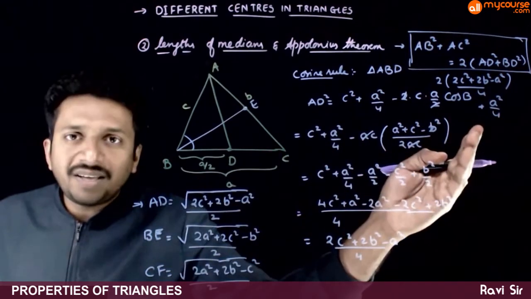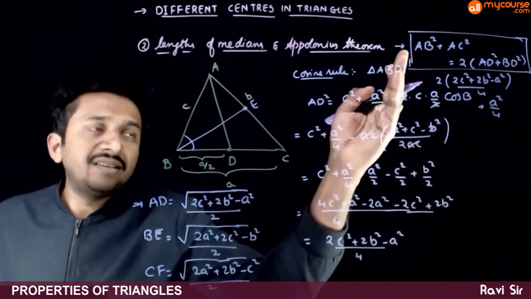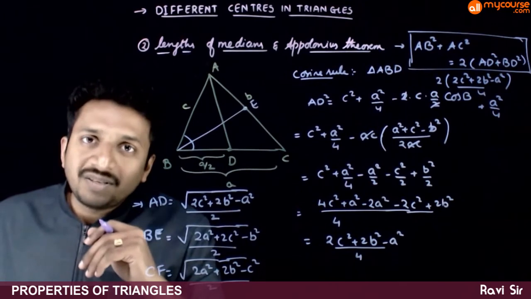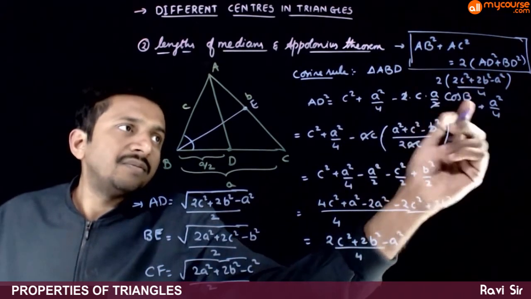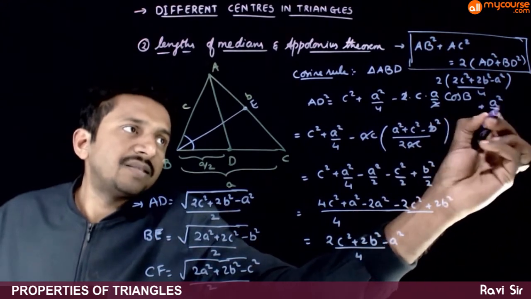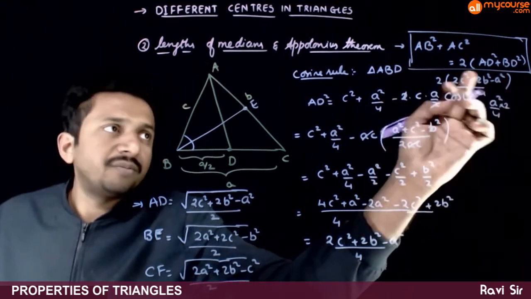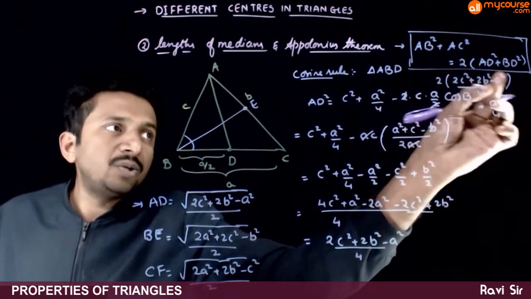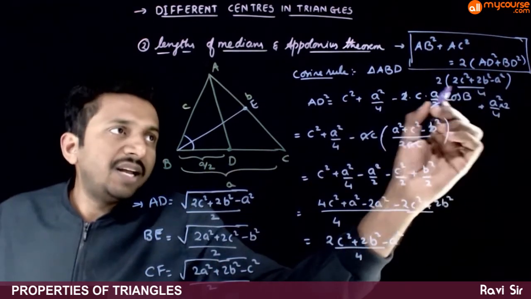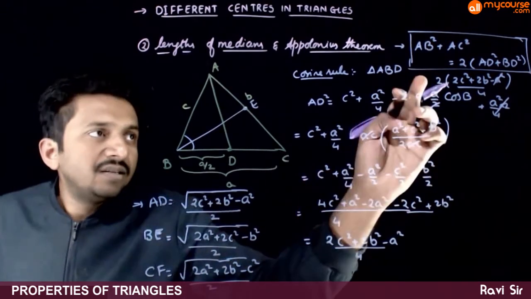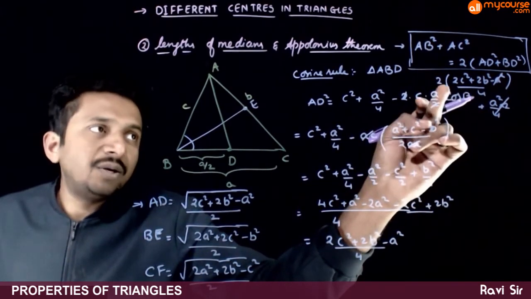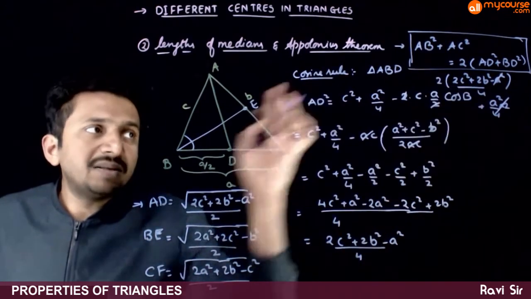So if you simplify this, you'll just get the value of b square plus c square. So 2 times AD square plus 2 times BD square. As you can very clearly see, a square by 2 and a square by 2 get cancelled. So this 2 and 2 get cancelled to give you b square plus c square here.